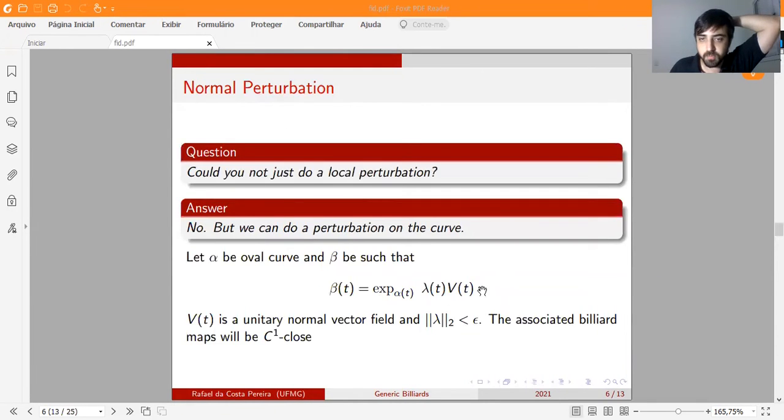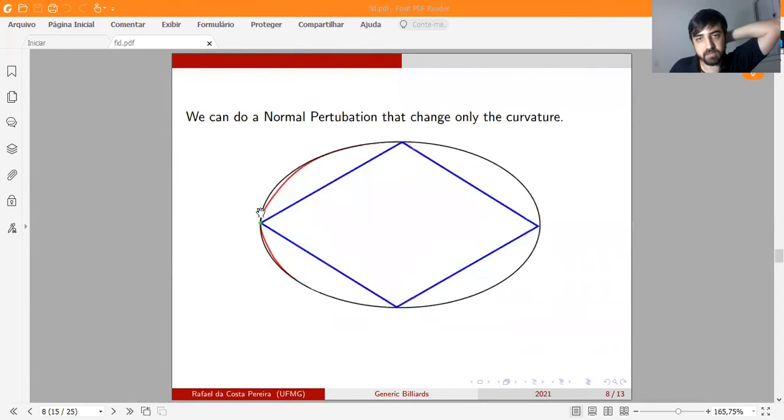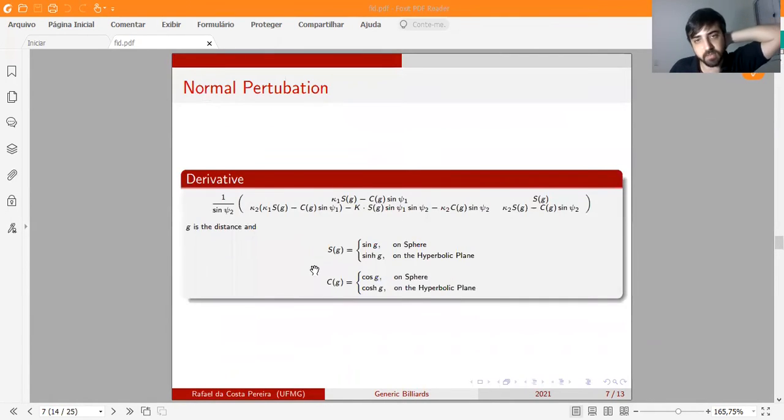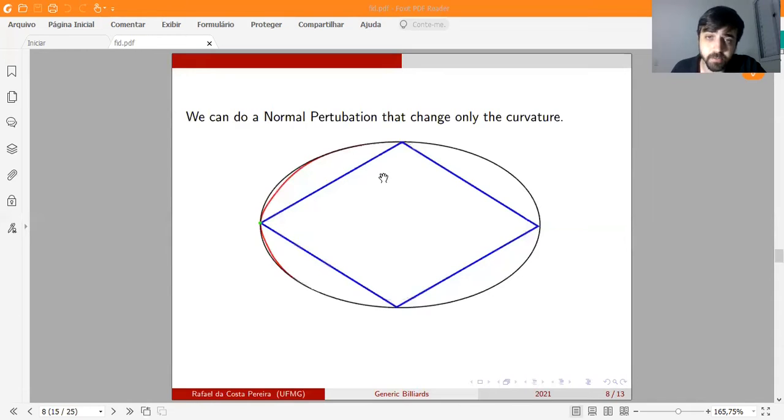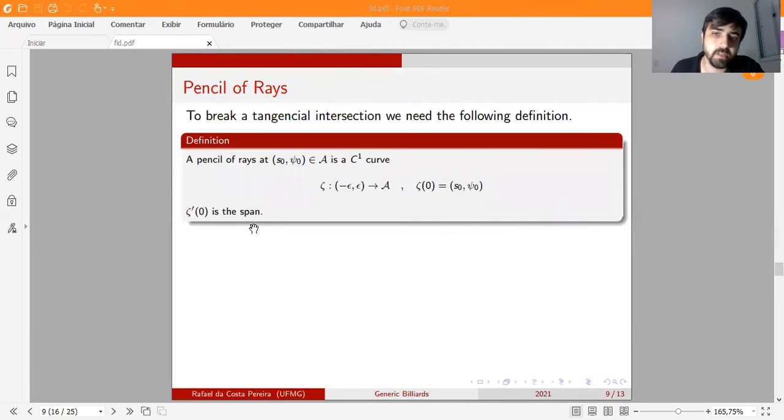We do some special perturbations that change only the curvature, keeping the angles of the collisions and the points of the collisions. This is very good because the derivative depends only on the curvature, the distance, and the angles. So we can control the angles and the distance between the collisions and change the curvature. This will allow us to do a kind of local perturbation.